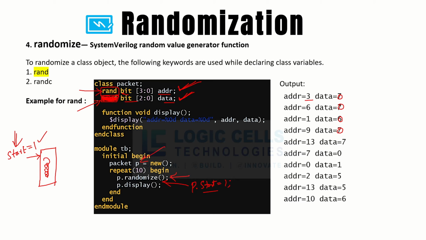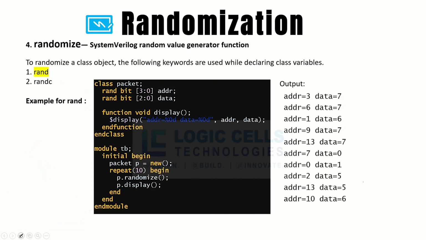And we have an alternative for rand as well: randc. The difference between rand and randc, just observe the results we obtained here. Just look at data. Please reply, how many values did we generate for data? 10 values, because this is 10.